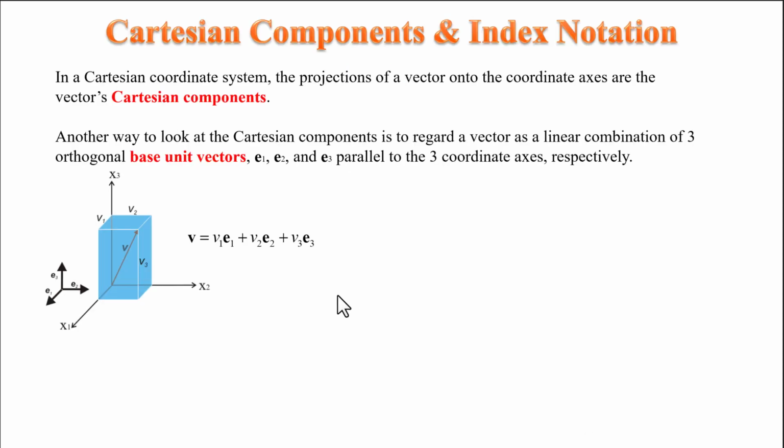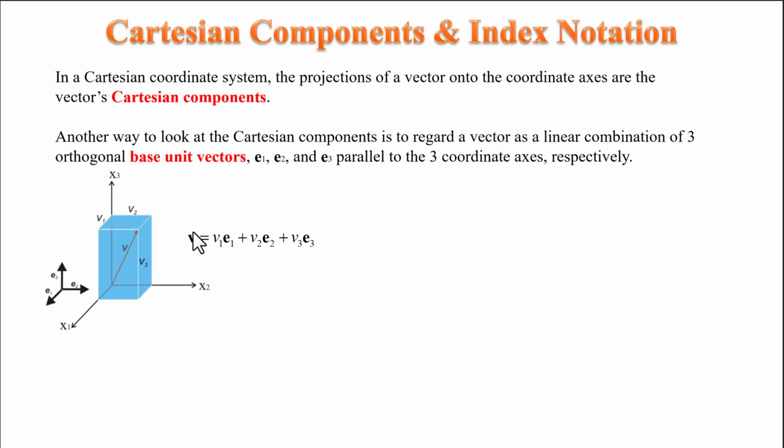In order to handle vectors analytically, we use Cartesian coordinate systems. In a Cartesian coordinate system, a vector V has a projection on every coordinate axis. So the 3 projections are the vector's Cartesian components. Another way to look at the Cartesian components is to regard a vector as a linear combination of 3 orthogonal base unit vectors.